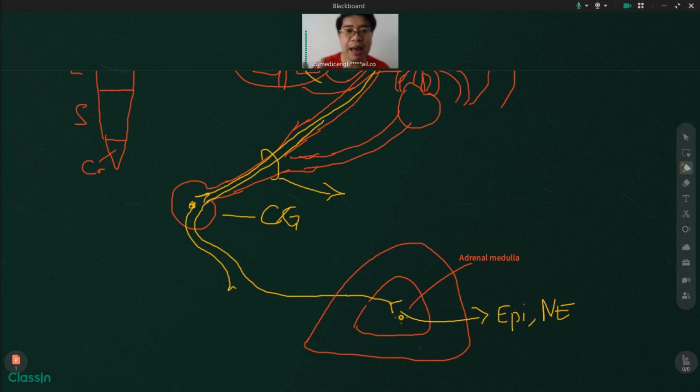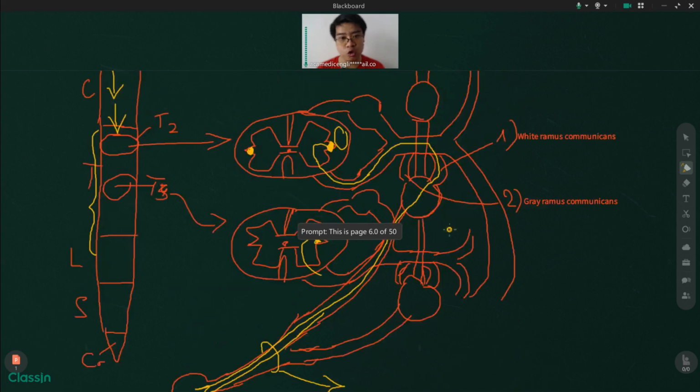And when it synapses, it isn't synapsing with a postganglionic neuron, but instead it controls the adrenal medulla to release 80% epinephrine and 20% norepinephrine. Extremely important bit of anatomy this.